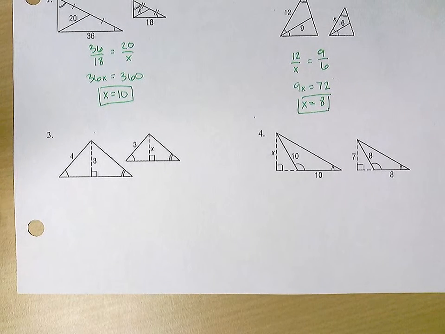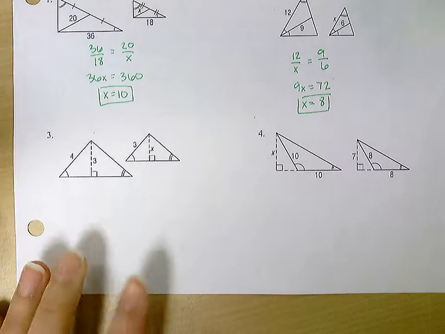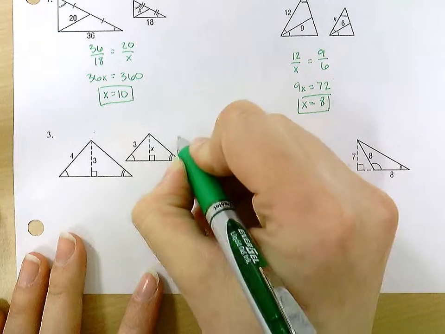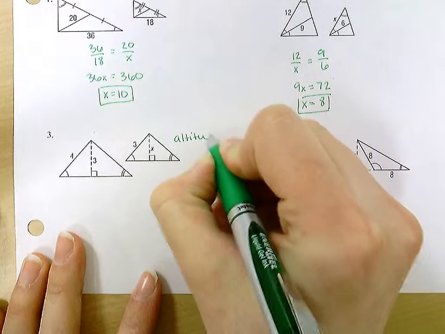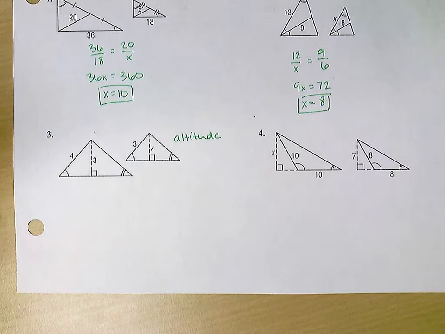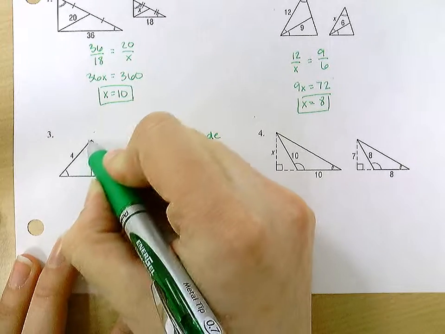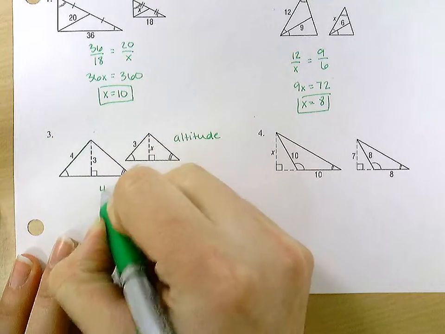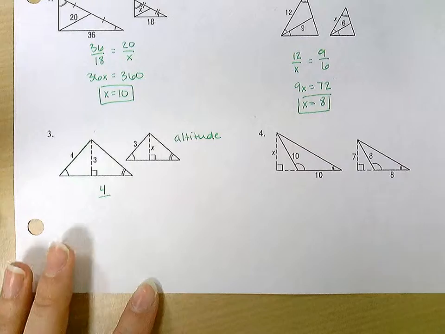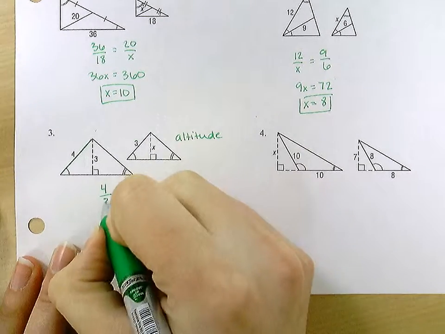Okay, number 3, the special segment drawn in both of these triangles is an altitude. So you should have had altitude for that one. And again, setting up my proportion, taking one side from my first triangle, here is 4, over its corresponding side in its similar triangle is 3.